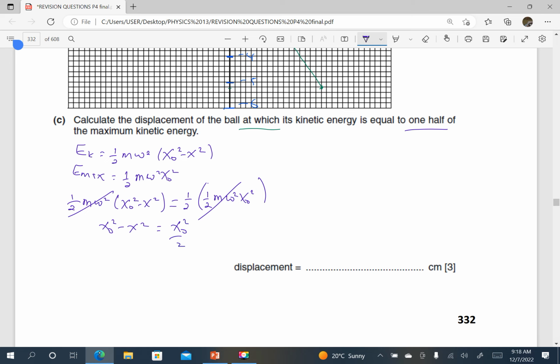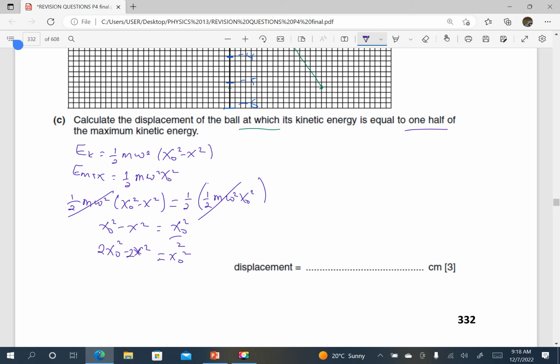We just want like terms because we want x. So twice x naught squared minus x squared is equal to x naught squared.